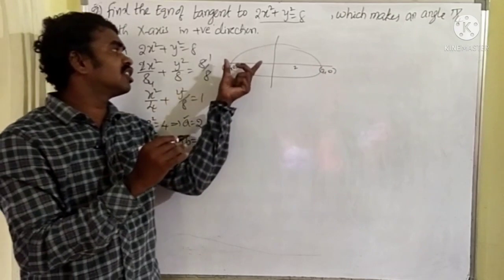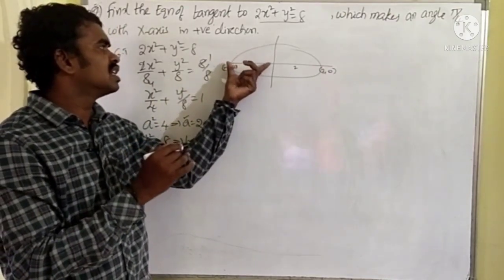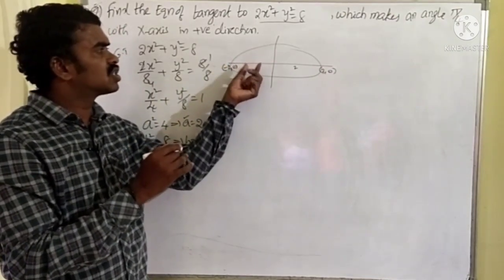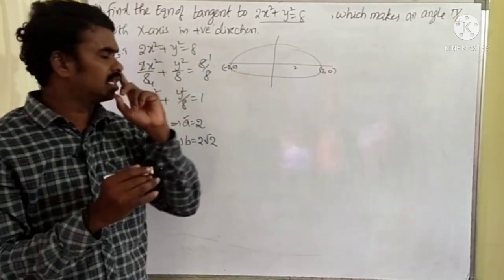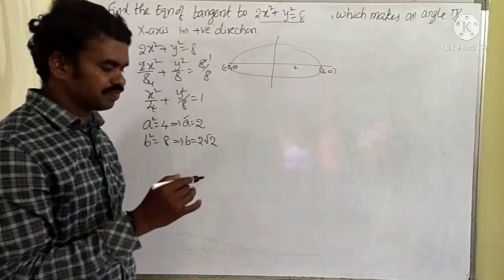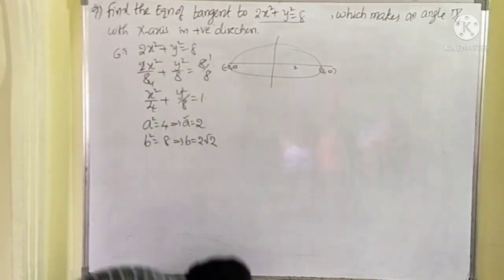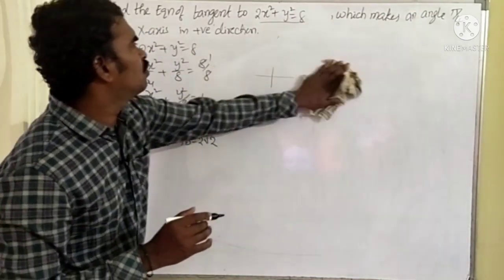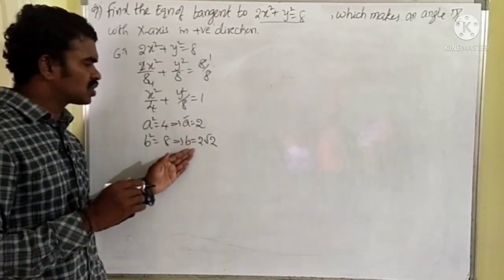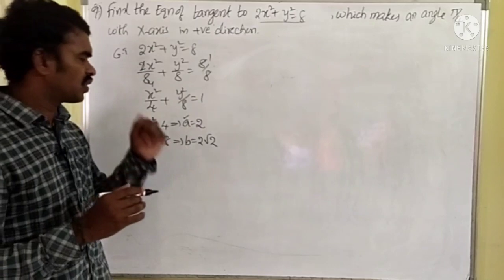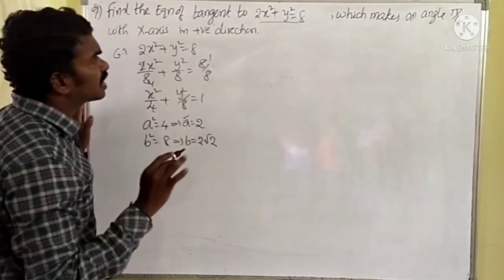But when we talk about length, we can say that the length of this axis is 2 only. So 2 plus 2, 4 units is the major axis length. Okay, so leave it at that concept. You just remember, do only one thing: here take only the positive value of a and the positive value of b. That's it.